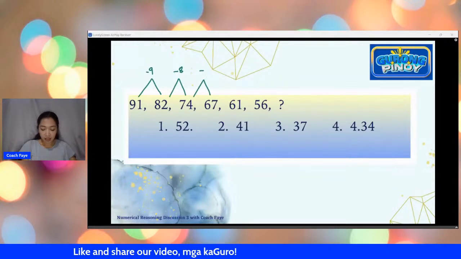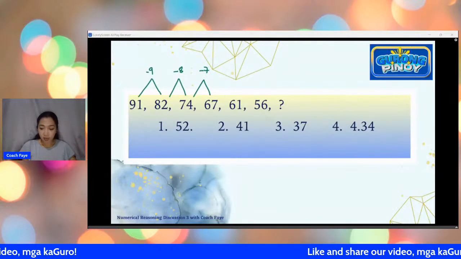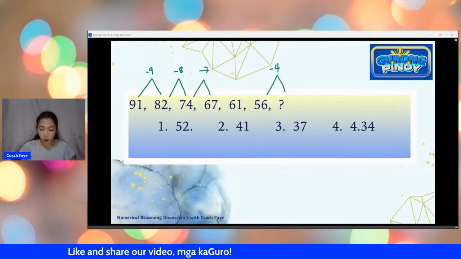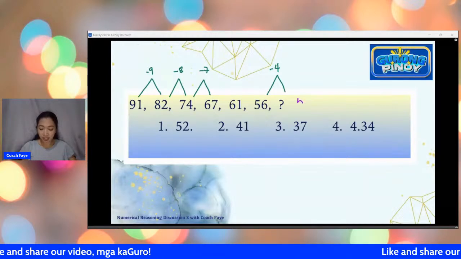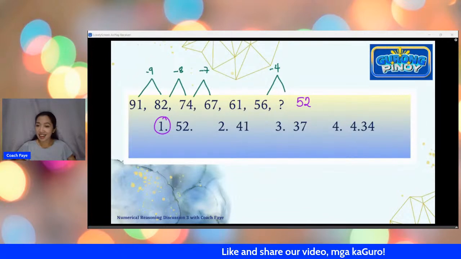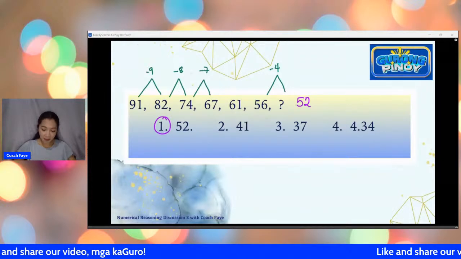This is minus 7. So, minus 6, expect natin minus 5. Expect this to be minus 4. Ito po yung sinasabi kong hindi ko usually sinusulat lahat ng patterns. So, minus 4, this becomes 52. Ayan. So, if you answered 1, then you got the item correctly. Okay? Sige. So, let's take a look at the next item.